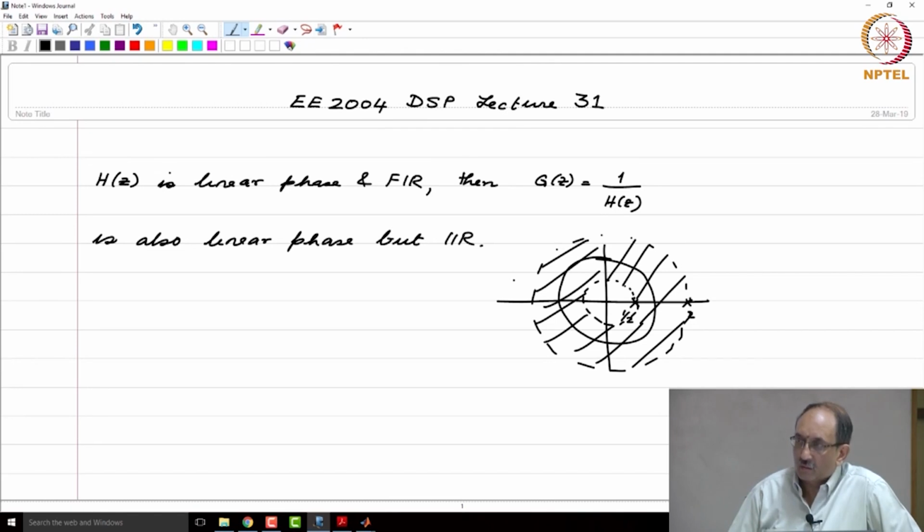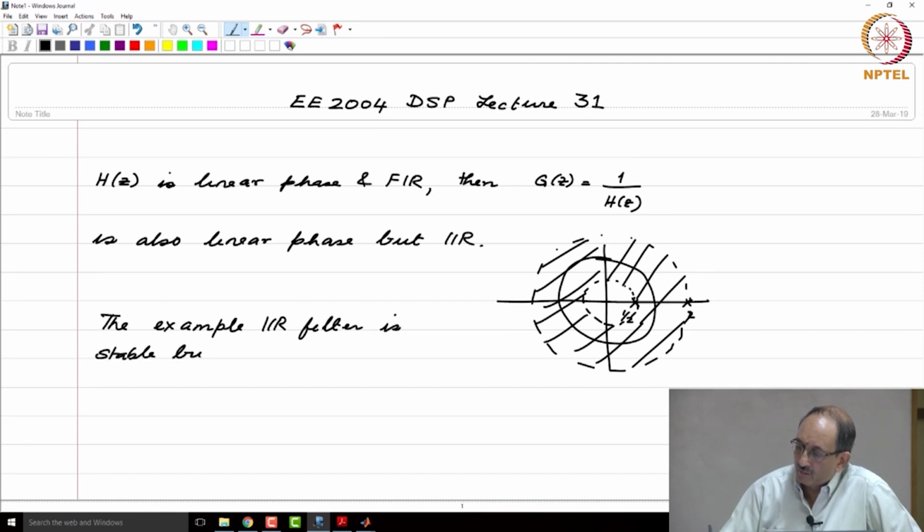It is stable but not causal, right. So, the example IIR filter is stable but not causal.